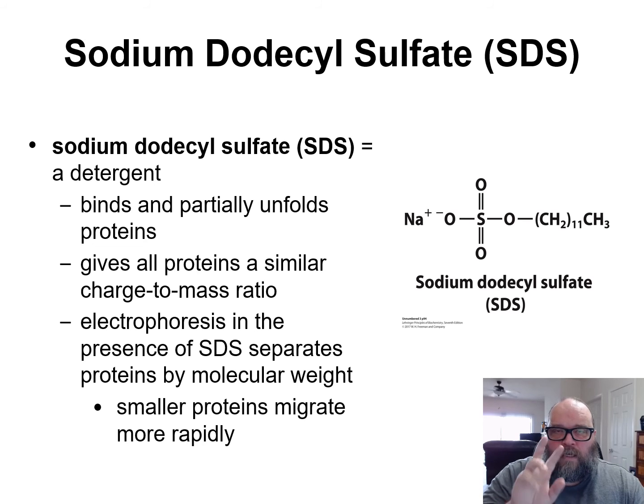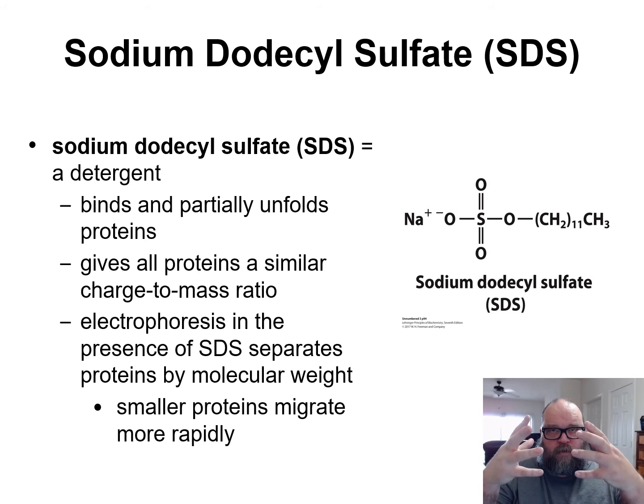That first part though, the SDS, sodium dodecyl sulfate. Sodium dodecyl sulfate is a detergent. This is what we're going to use to give an overall charge to our proteins. We're going to get the proteins to denature. It allows them to relax their overall shape, their conformation, gets things to start to break, not to break down, but to become more linear.